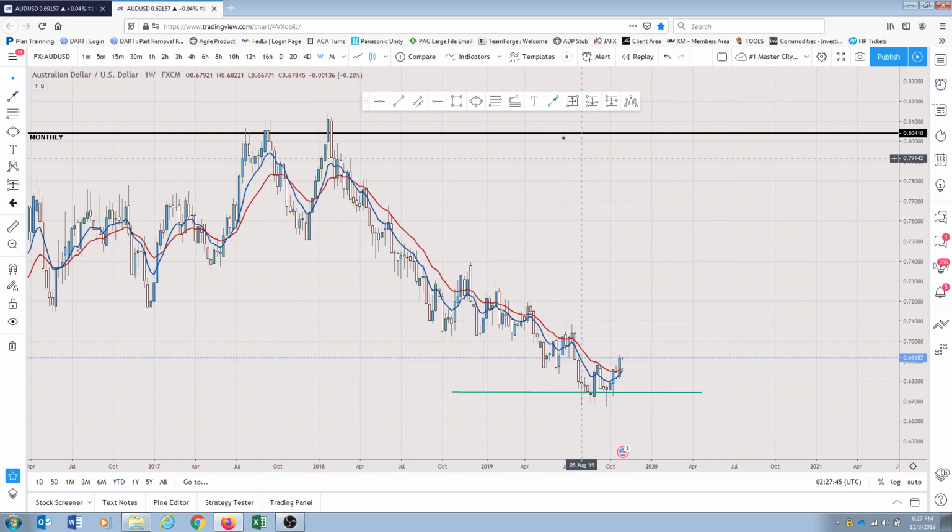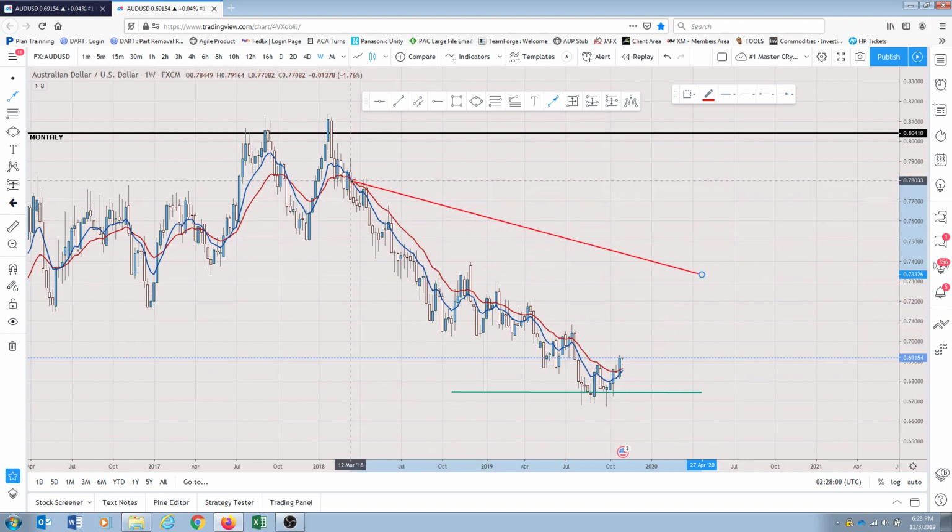Okay, so now we're paying attention to, on the weekly chart, that we just formed two bullish engulfing candles, and maybe we're going to cross right here. We haven't crossed since here. See right here, this is March 2018.